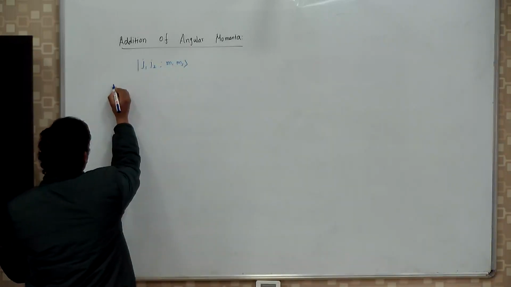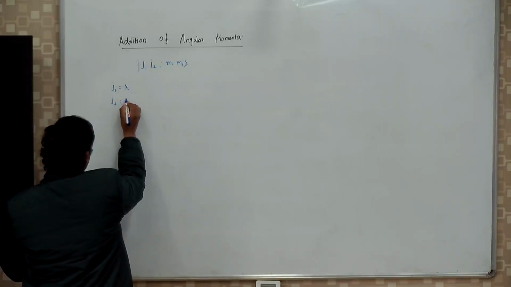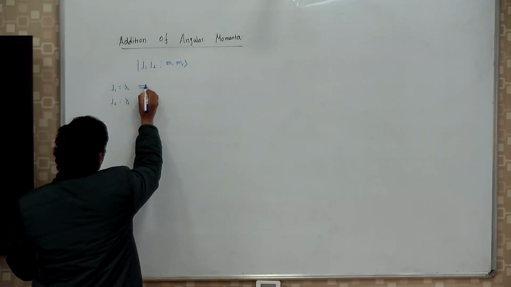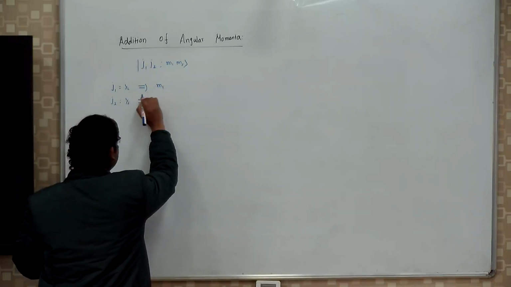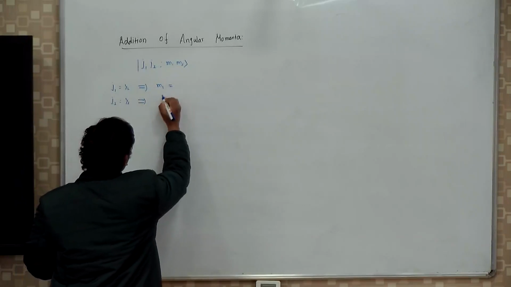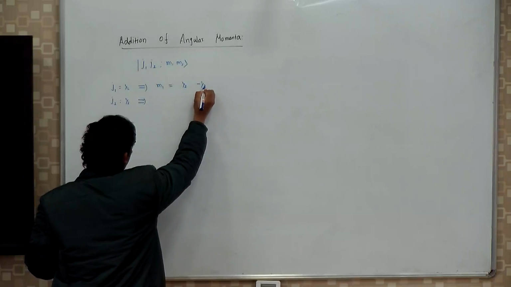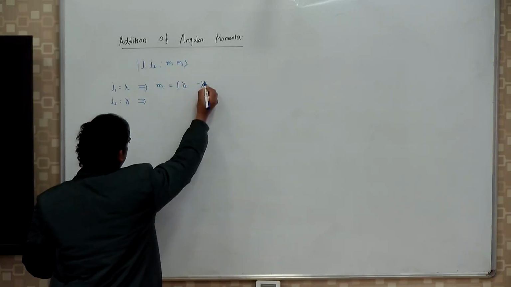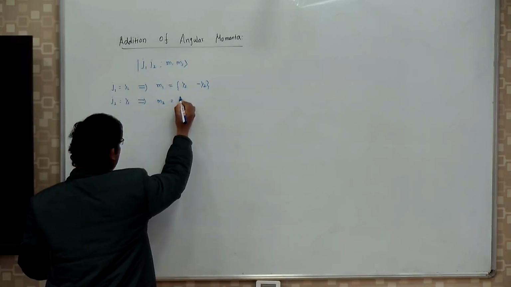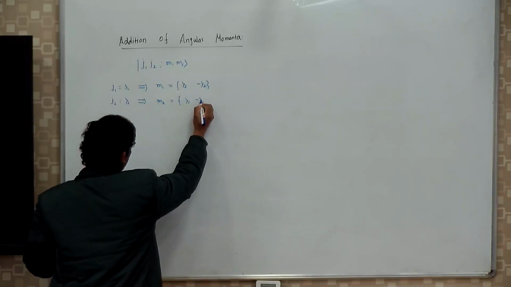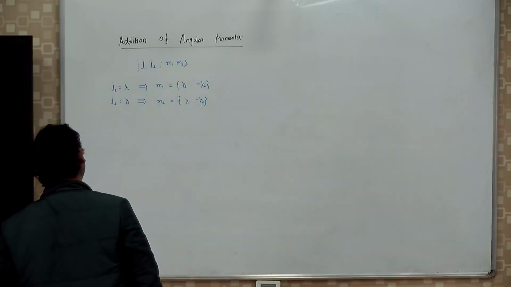Suppose we take J1 equal to 1/2 and J2 equal to 1/2. Then the value of M1, or MJ1, has two possibilities: plus 1/2 and minus 1/2. And MJ2, or M2, also gives plus 1/2 and minus 1/2. There are two possibilities for the mj values.